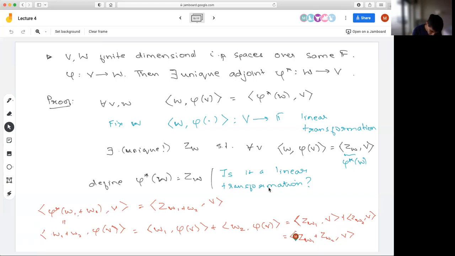So we wrote it in two different ways, but the interesting part is that the vector in the two cases is either Z of W1 plus W2, or rather phi star of W1 plus W2, or the sum of two vectors ZW1 and ZW2.